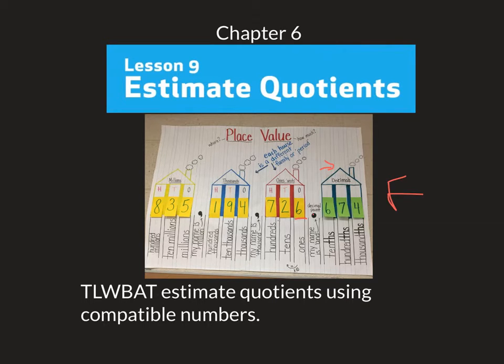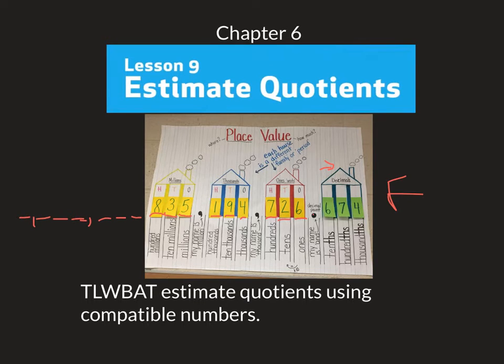We always talked about ones, tens, hundreds, thousands, 10,000s, 100,000s, millions, 10 millions, 100 millions. Then it would be billions, 10 billion, 100 billion, comma, trillions, 10 trillions, 100 trillions, comma, quadrillions, and so on.